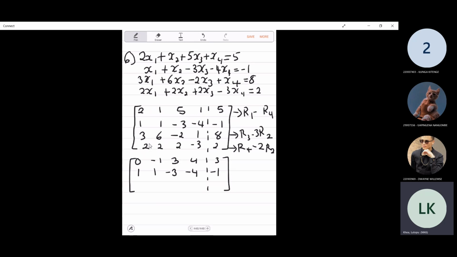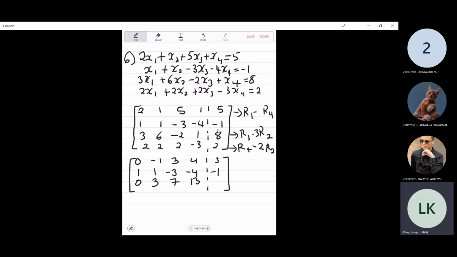Then row 3, we said 3 minus 3 times that, this is 0. 6 minus 3 is 3. Minus 2 minus negative 9, that's 7. And then 1 minus negative 12, which is 13.